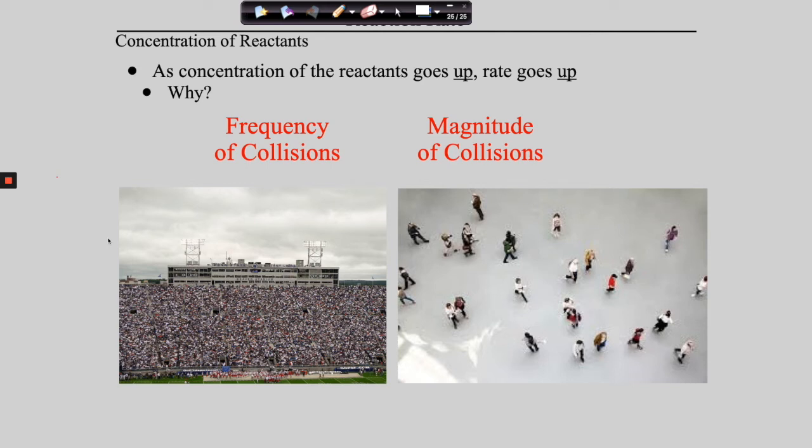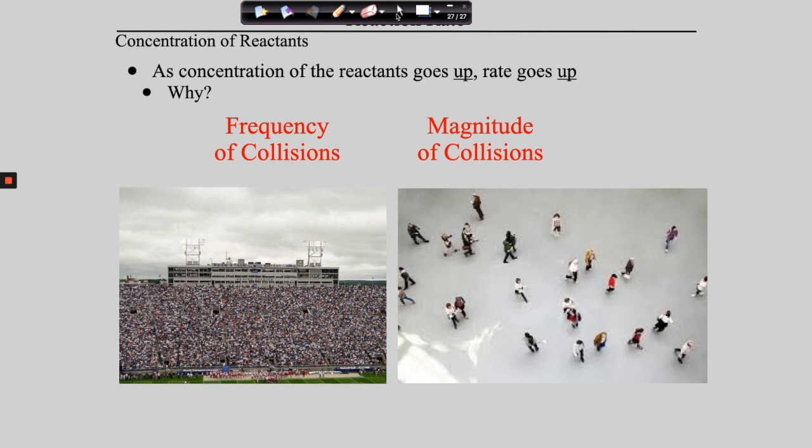So guys, here's the question. On the left, we have a very high concentration environment. On the right, we have a low concentration environment. Now guys, imagine that we could put these pictures into motion.